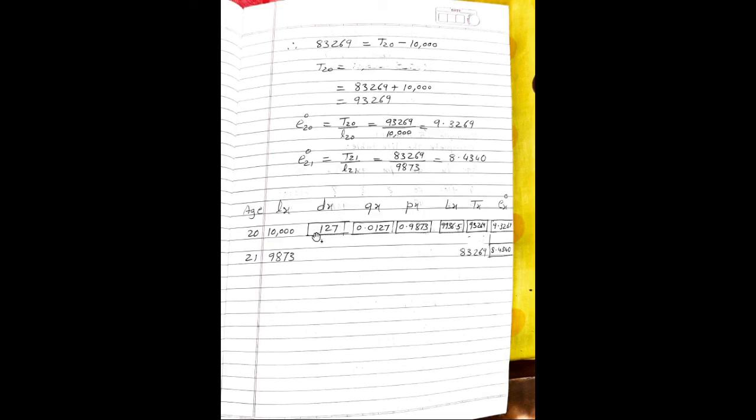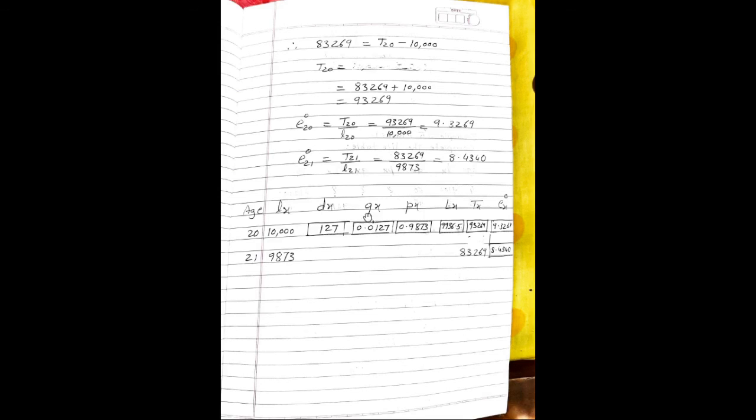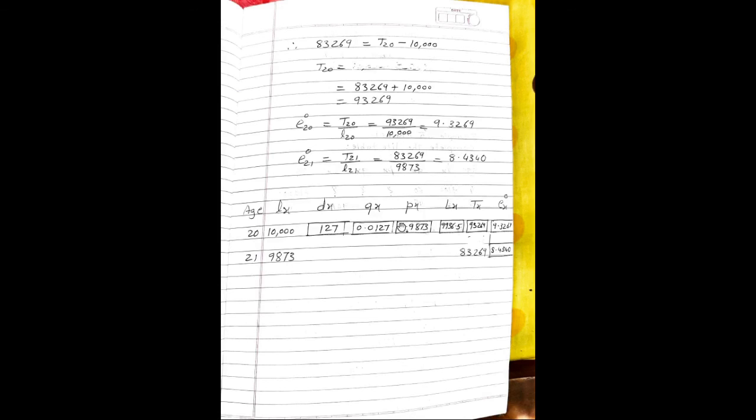This is D20, the value which we have calculated, 127. Q20 is 0.0127. P20 is 1 minus Q20, so 1 minus 0.0127. The value becomes 0.9873.